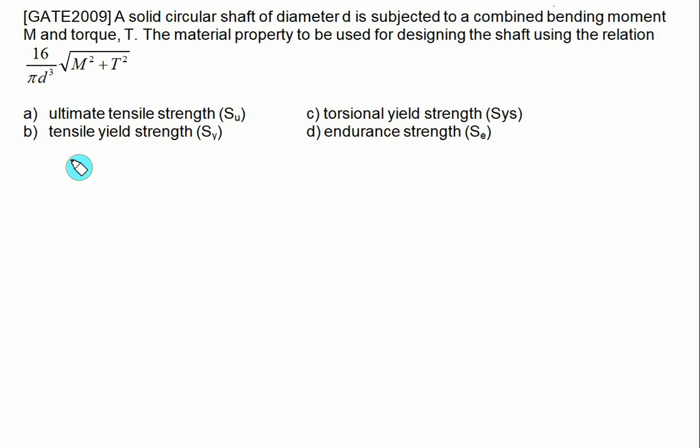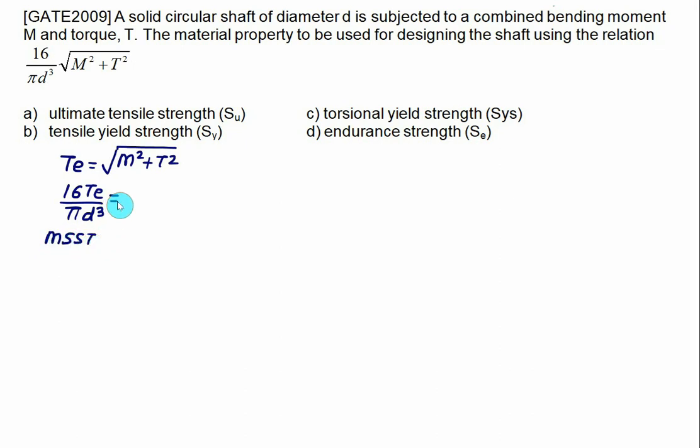Now recall here we have equivalent torque Te given as under root of M square plus T square, and this equation then becomes 16 times T divided by pi d cube. This equation is designed on the basis of maximum shear stress theory.